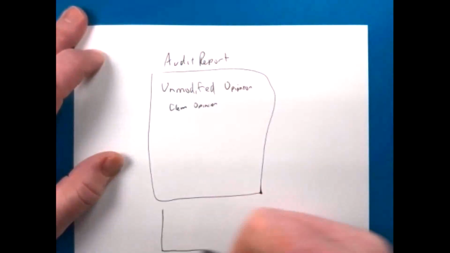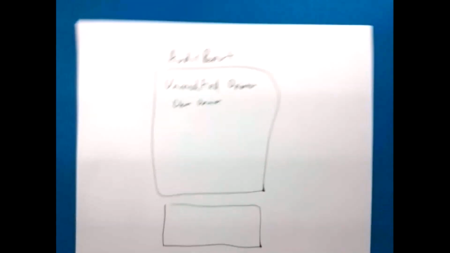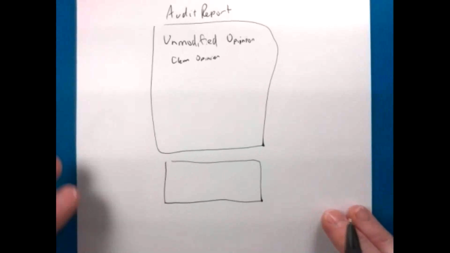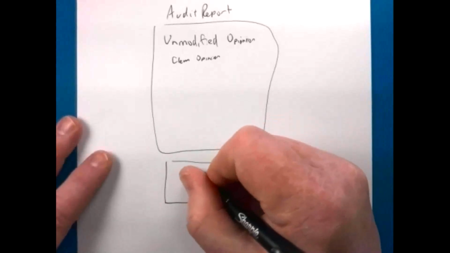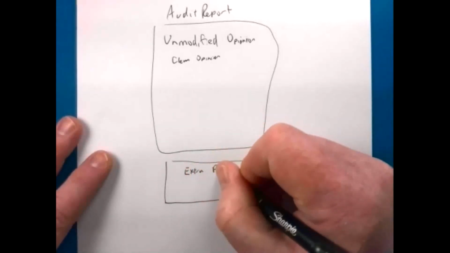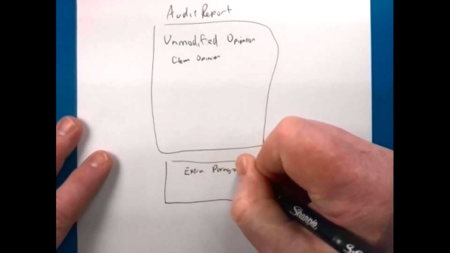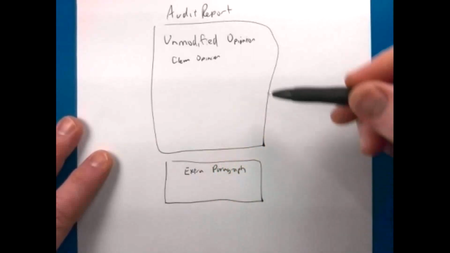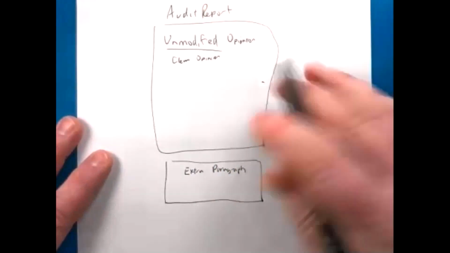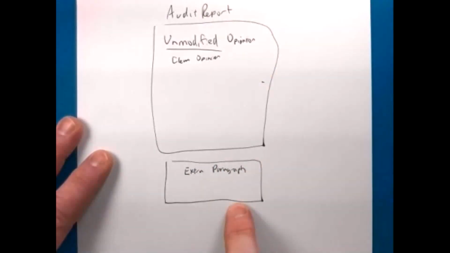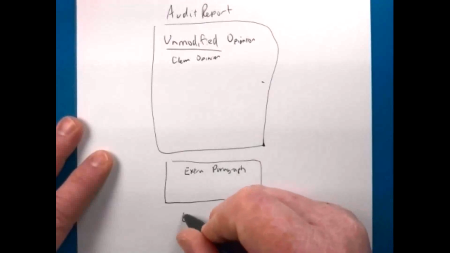And then on the bottom here, a lot of times they'll tack on an extra paragraph. Now, the report is still unmodified. It's still a clean opinion, but this paragraph will be tacked on the end. And they come in two different forms.